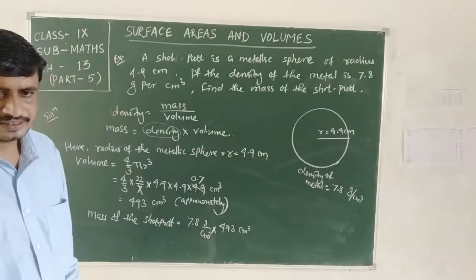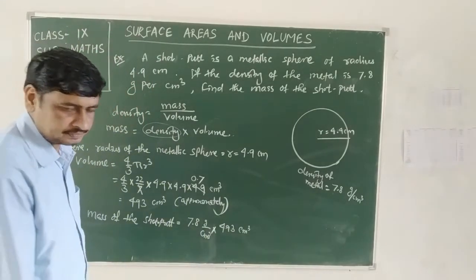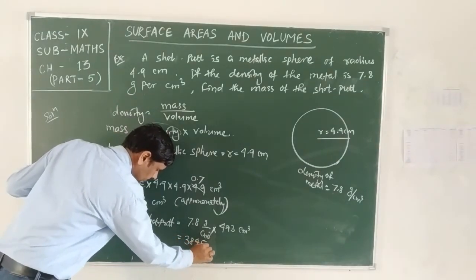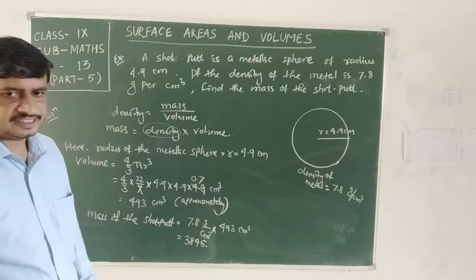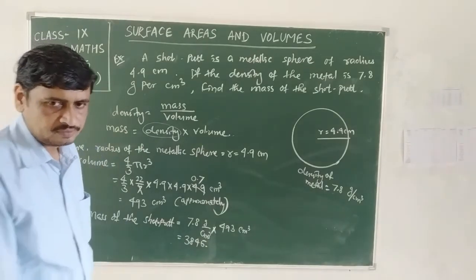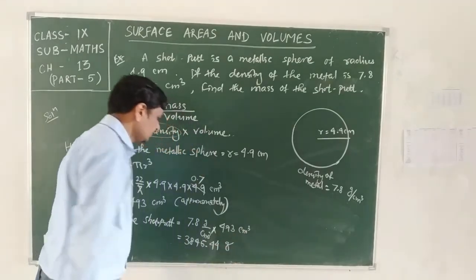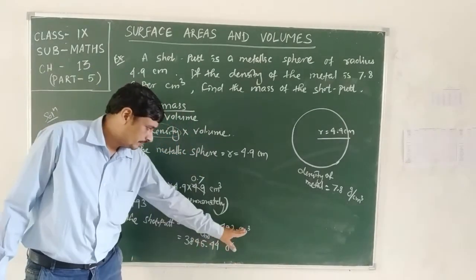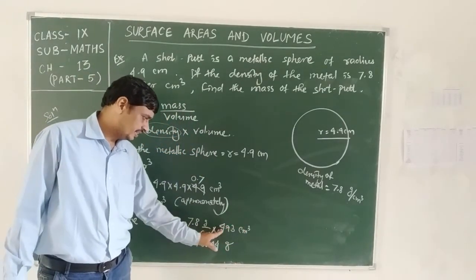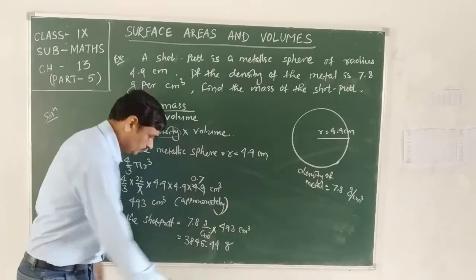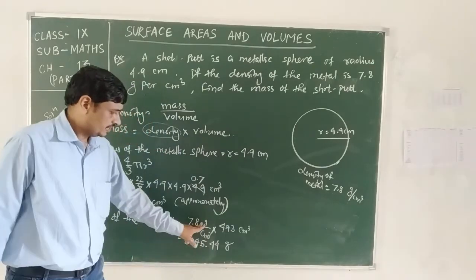When cm cube is cancelled, we will multiply 7.8 and 493. That is 3845.4 gram, approximately 3845.4 gram. It is in the unit gram.